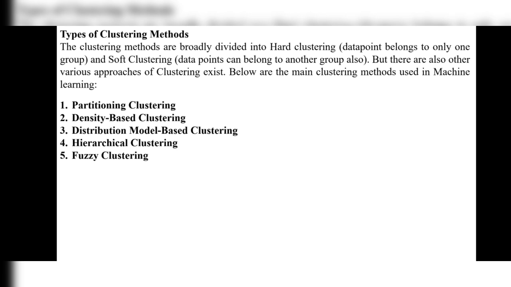But there are also various other approaches to clustering. Below are the main clustering methods used in machine learning. First one is partitioning clustering, second density based clustering, distribution model based clustering, hierarchical clustering, and fuzzy clustering. These 5 are the types of clustering methods.